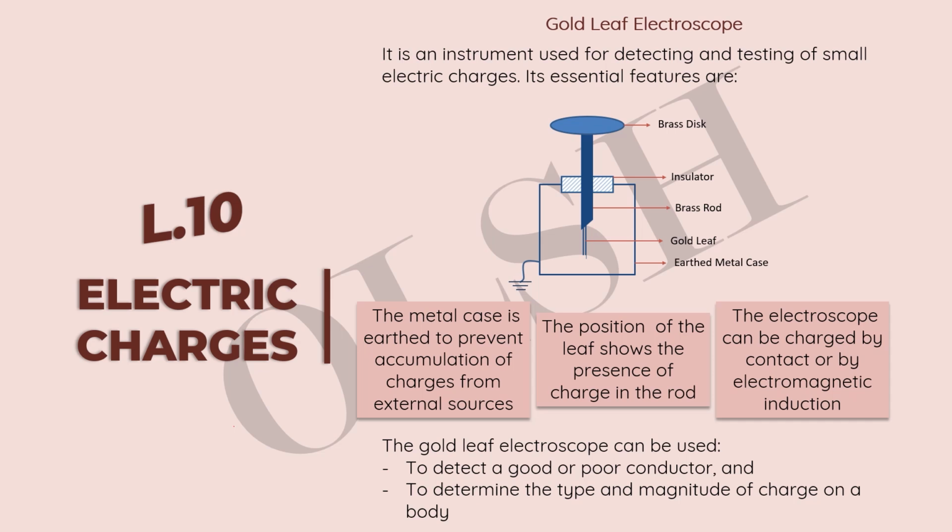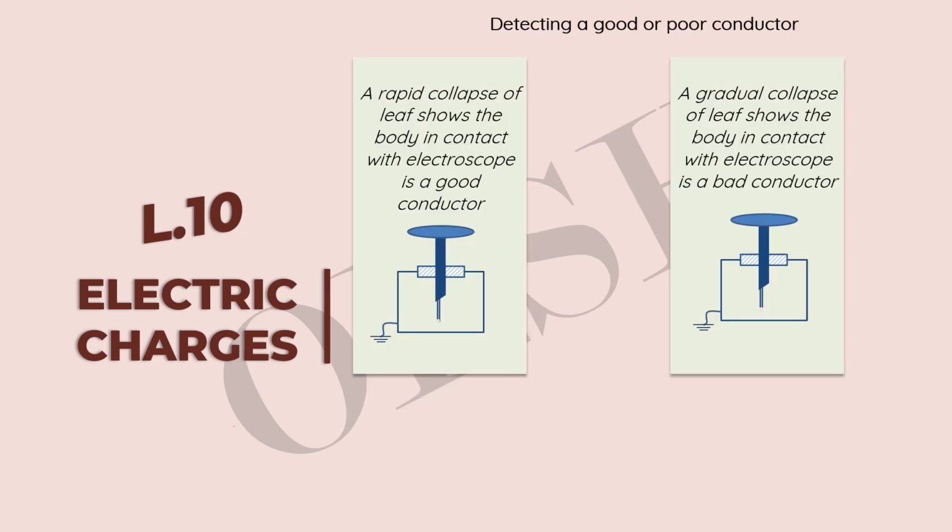So let's run through how this can be done. We're assuming our electroscope is charged and our gold leaf is open, not collapsed yet. Now if you bring an object and put it in contact with the brass disc, and there's a rapid collapse of this leaf back to this position, then it means what we have is a good conductor, because it has just conducted the charge of this electroscope out.